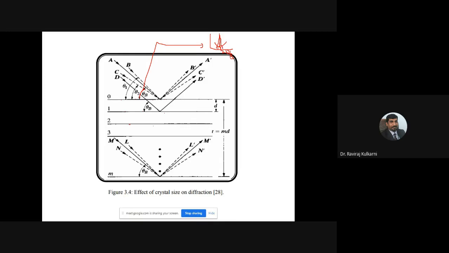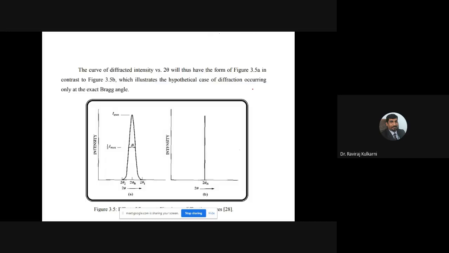What should I write here? 2 theta 1. It is making a smaller angle, so it should be here. And this should be 2 theta 2. And only I am getting intensity at what? I'll draw it a little bit bigger. I can show it in the next slide.